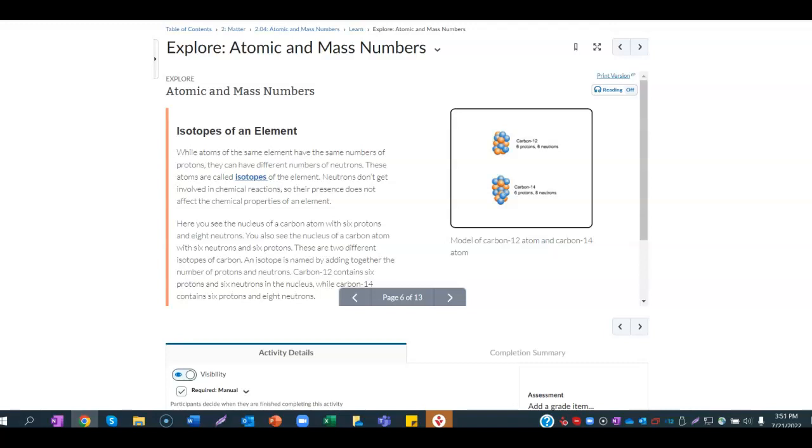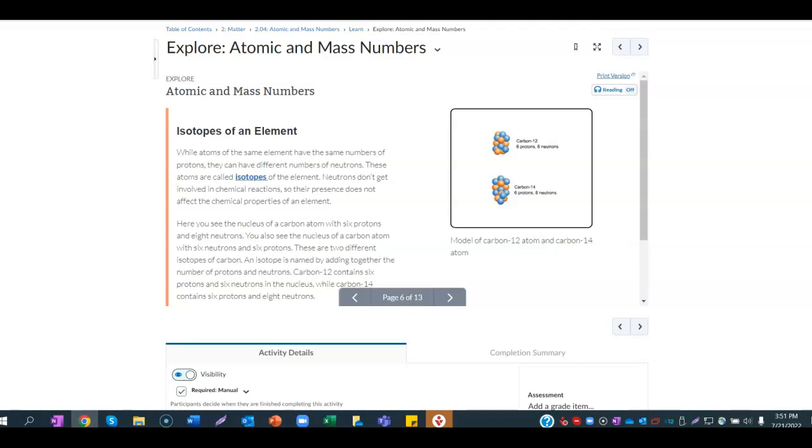It says neutrons don't get involved in chemical reactions, so their presence does not affect the chemical property of an element. Here you can see the nucleus of a carbon atom with 6 protons and 8 neutrons. And you also see the nucleus of a carbon atom with 6 neutrons and 6 protons. These are 2 different isotopes of carbon.